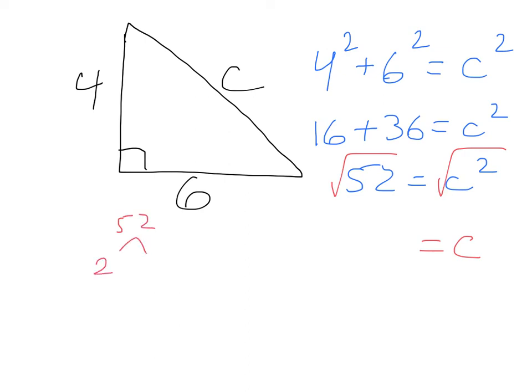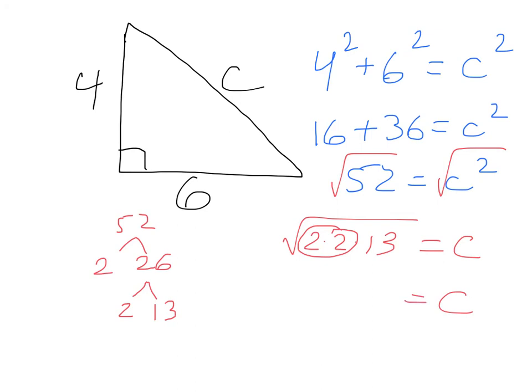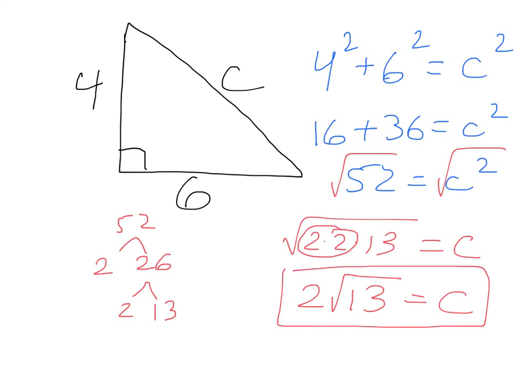I know 2 does, and 2 goes into that 26 times, and 2 goes into 26, 13. So this is the square root of 2 times 2 times 13. There's a pair of 2's. So c is actually equal to 2 root 13. And that's in simplest radical form.